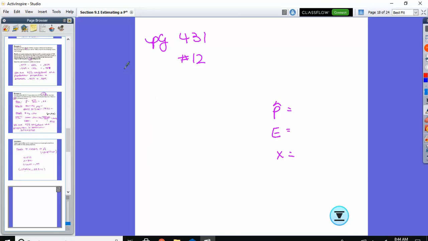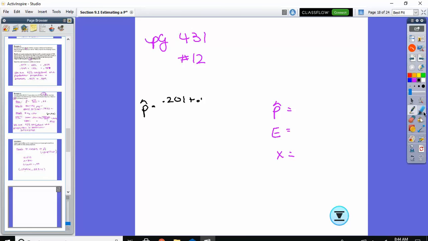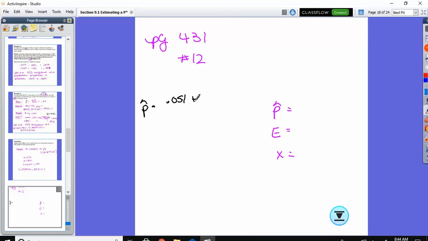It's just the average. So if we did, my p hat would be 0.201 plus, oh no, sorry, I was looking at number 11. Okay, so 0.051 plus 0.074 divided by 2. And so that is 0.0625.